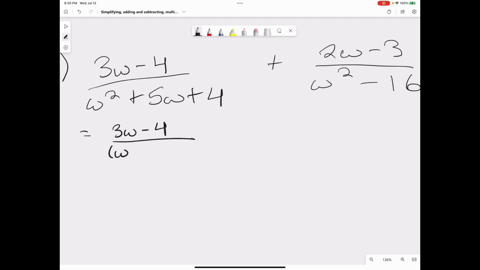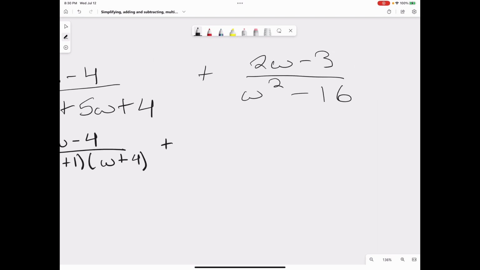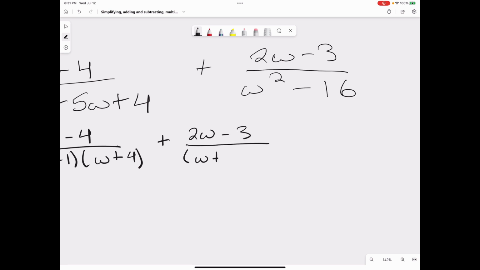That would be 4 and 1. And then, of course, for the denominator of the second fraction, we're going to do difference of squares right here. Again, I also have that on my YouTube channel. w plus 4, w minus 4.